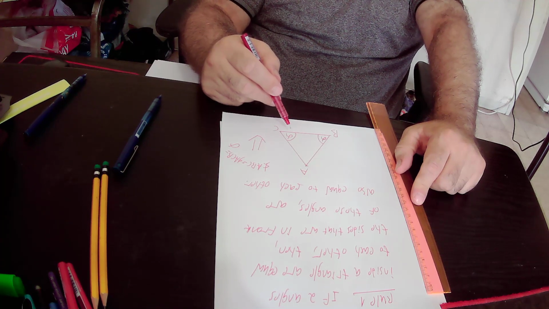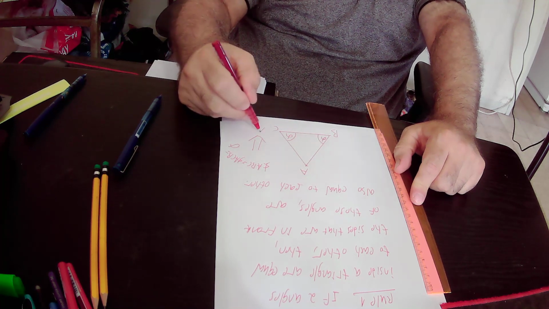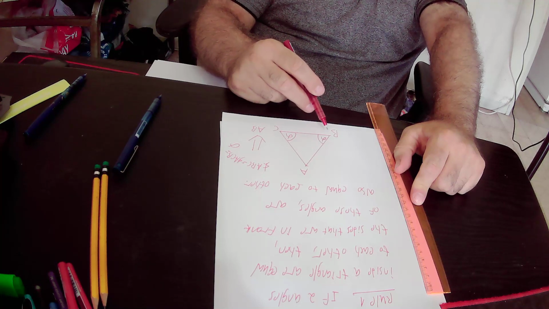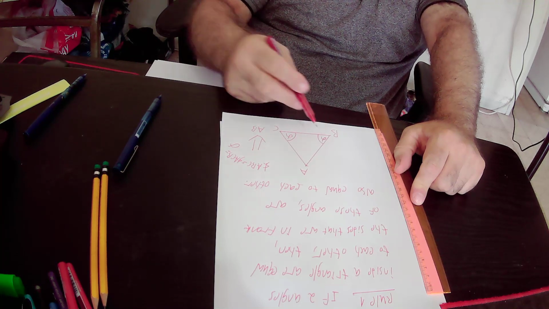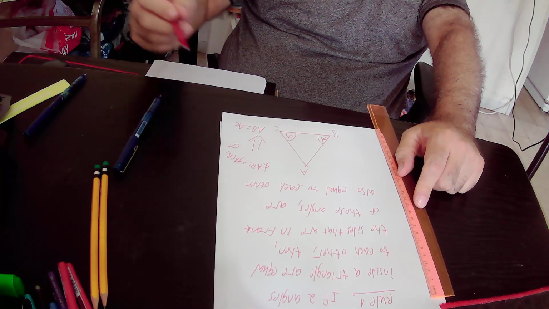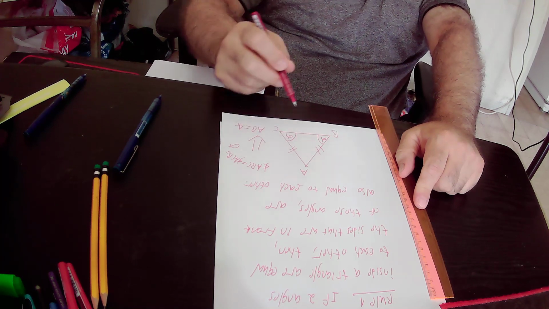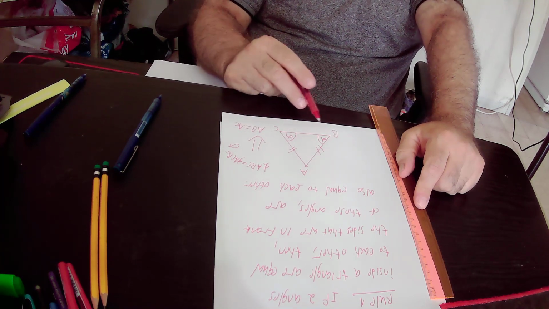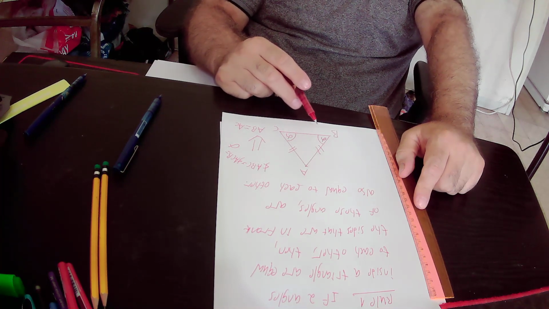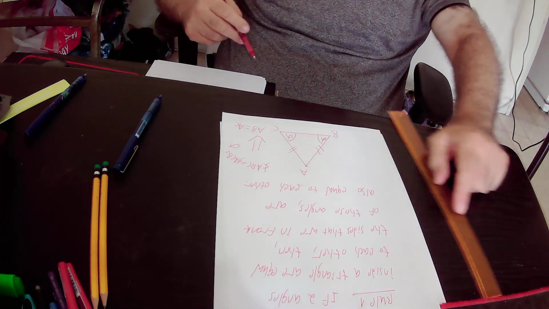The side in front of this angle alpha is AB, so AB will be equal to the side in front of this angle alpha, that is to say AC. So AB equals AC. If we know that angle ABC equals angle ACB, then automatically we can deduce that AB also equals AC.